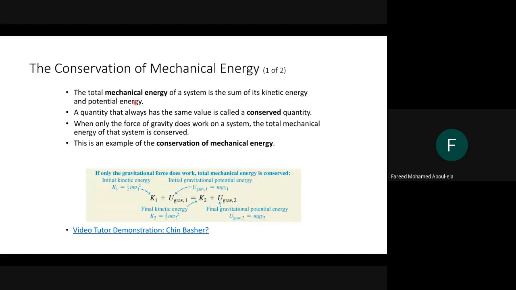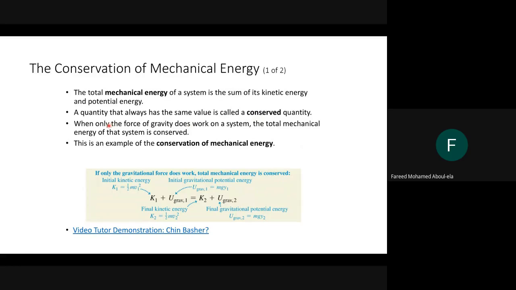And potential energy equals minus the work done by the force. So if there is only one force, and the force is conservative, the total mechanical energy of the system is conserved.